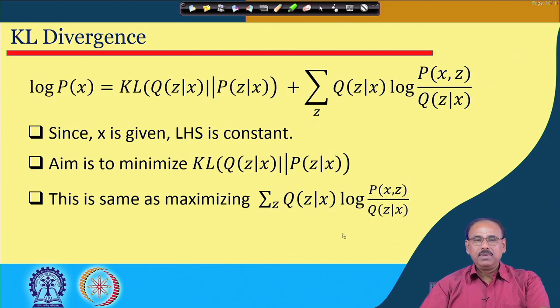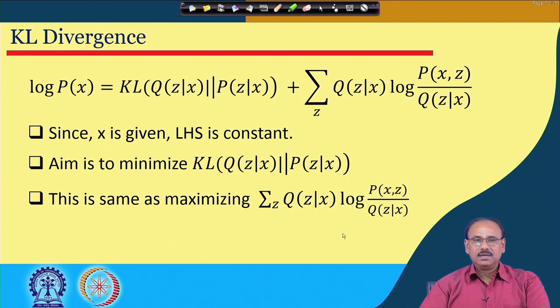But our aim is to minimize the KL divergence between Q and P. Given this expression, since the left hand side is constant, minimization of the KL divergence amounts to maximization of the sum of Q of Z given X into log of P of X, Z upon Q of Z given X.